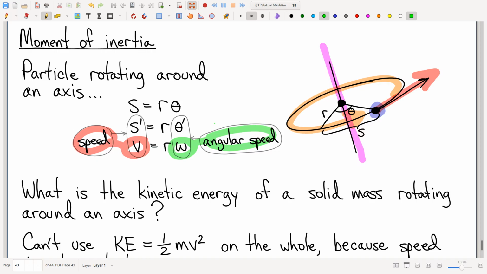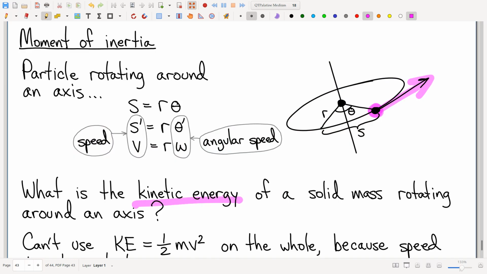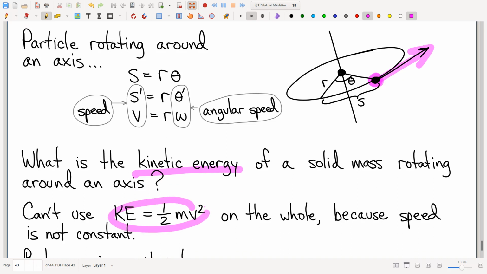All right, so now next question. Let's suppose I'm looking at something here, and it's moving with some speed, and I want to know what is the kinetic energy of that thing. No problem. Kinetic energy, 1/2 mv squared, all good, because this is a particle.